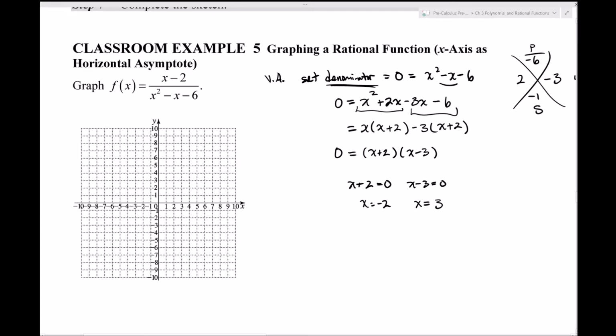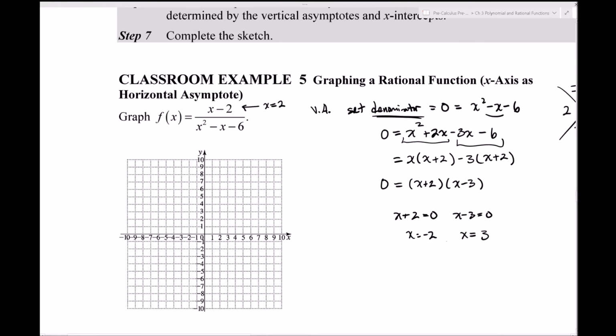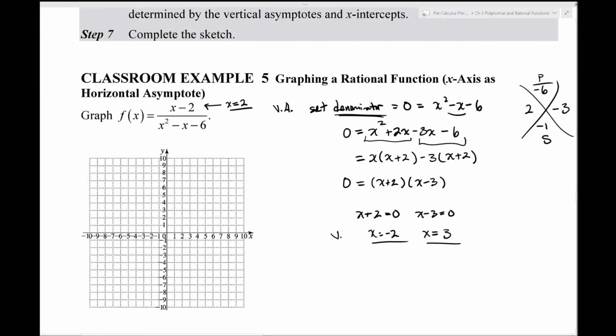So then what we do is we check. We set the numerator equal to 0, and this implies that x equals 2. If neither of these match with the numerator zeros, then these are both vertical asymptotes. So I'm going to box those.